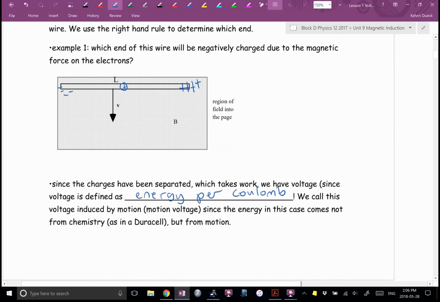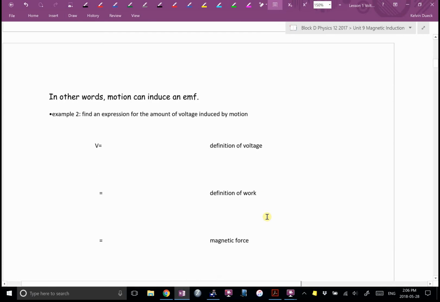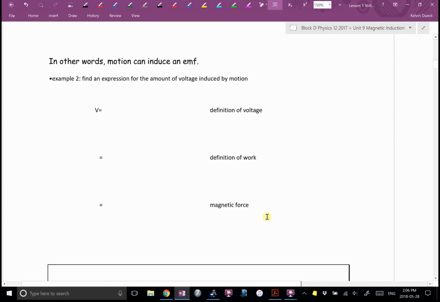We call this voltage induced voltage, induced by motion. Because the energy in this case doesn't come from chemistry, like in a Duracell battery, but from motion. In other words, motion can induce a voltage, an EMF.